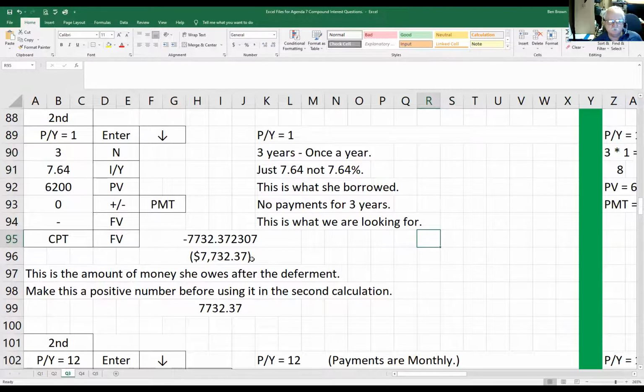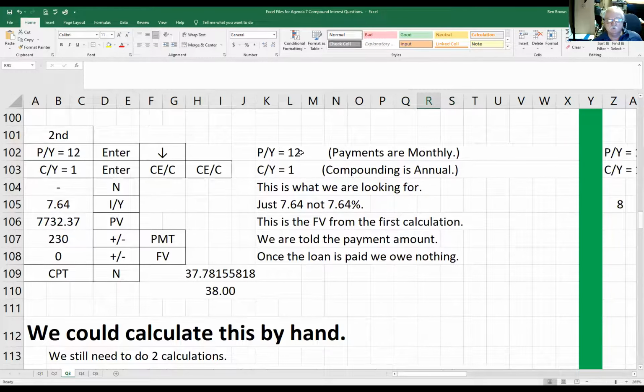So down here, we do have to worry about the fact that payments are monthly and compounding is annual because this is the annuity period. So we set PY equals 12 and then enter that, hit the down arrow, and we can separately set CY equals 1 and then hit clear a couple times. We don't know N. That's what we're looking for. The interest is just 7.64.